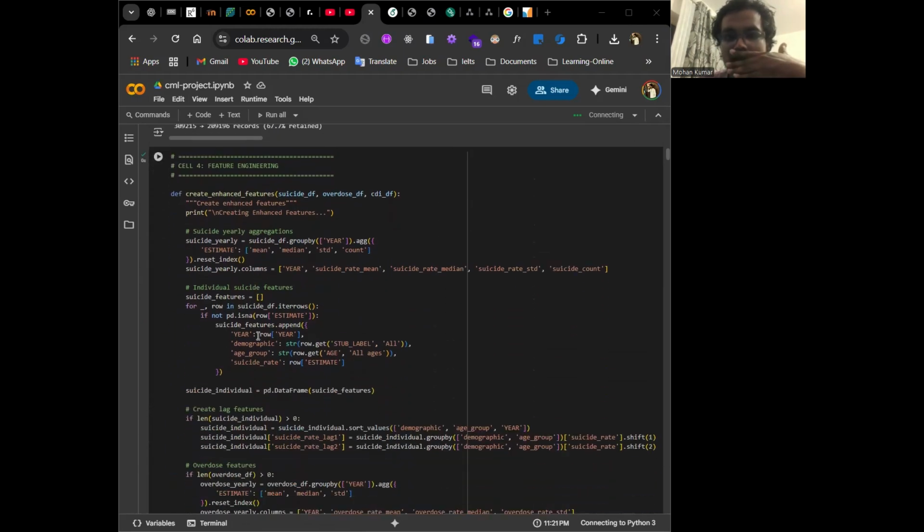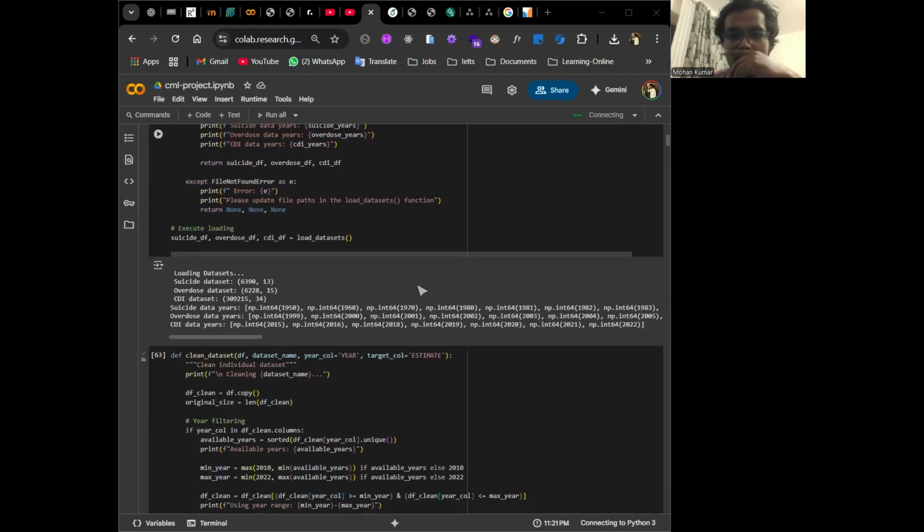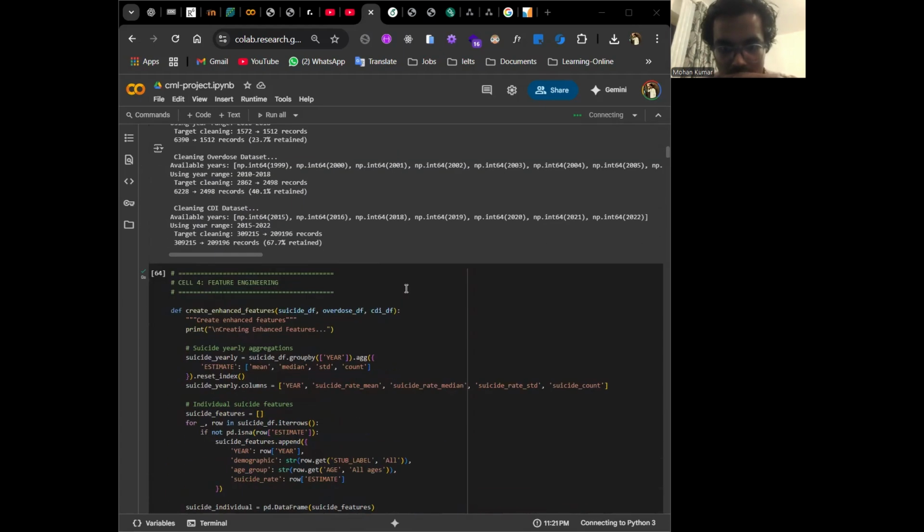And step four, what we did was create better features for our ML models. So this is where we get creative. We introduced different advanced features like lag features, which give the last year suicide rate for each group, because past rates help in predicting the future rates.